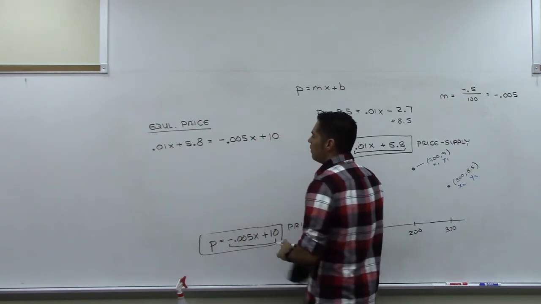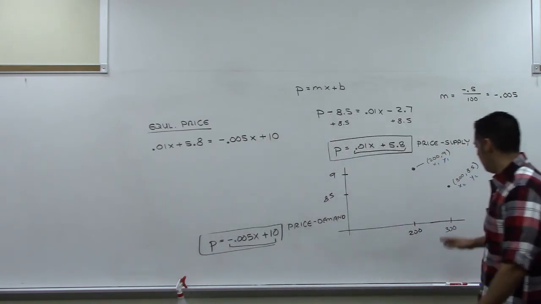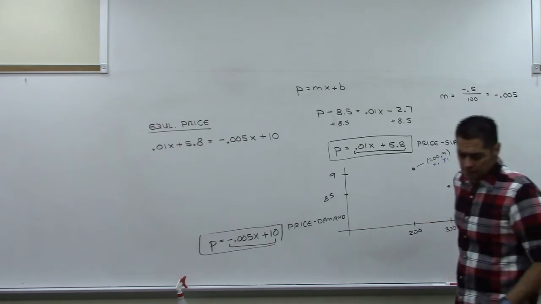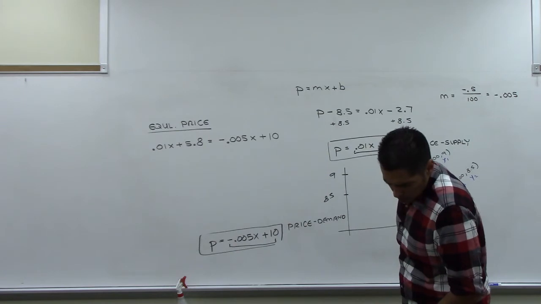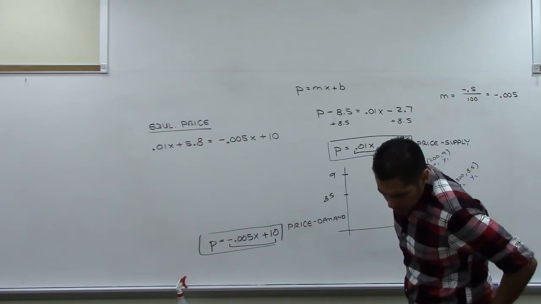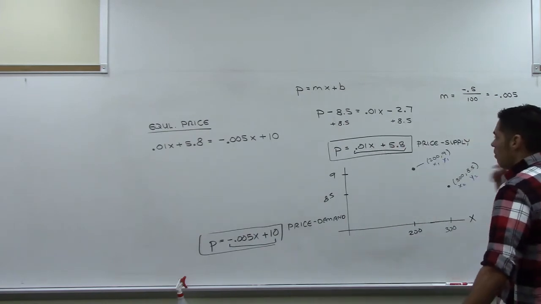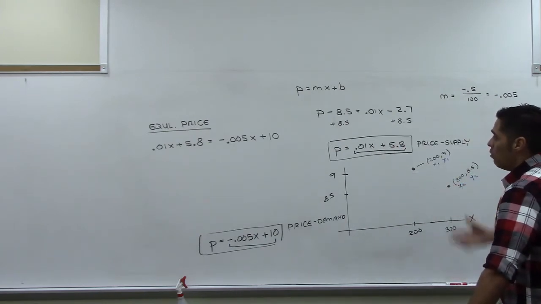And I'm going to solve this for x. And when I solve it for x, x was, what is that? X is corresponding demand. Okay, so let's solve for x first and then we'll figure out what it is.